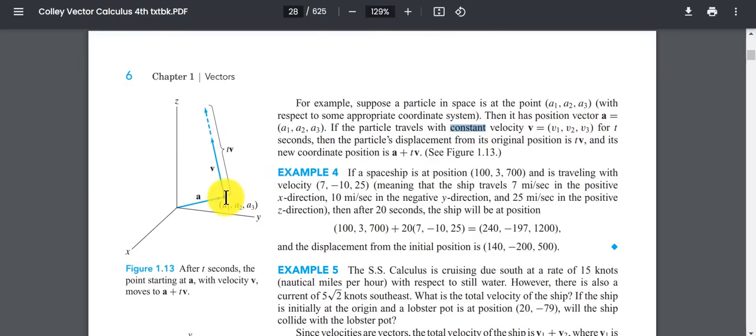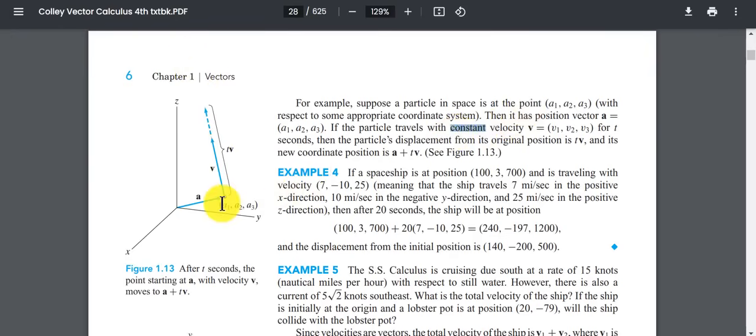So, okay, where is it? Well, when t equals 0, it's right here. And then when t equals 1, if this represents the velocity, it's moved to here. And then at t equals 2, it's moved twice as far, and when t equals 3, it's moved further after that.